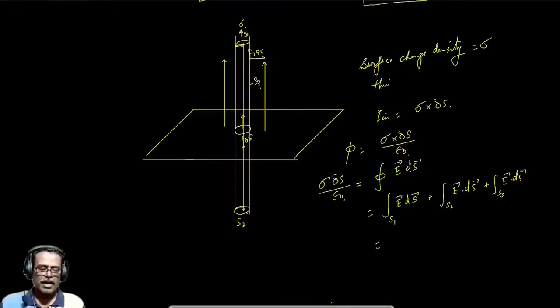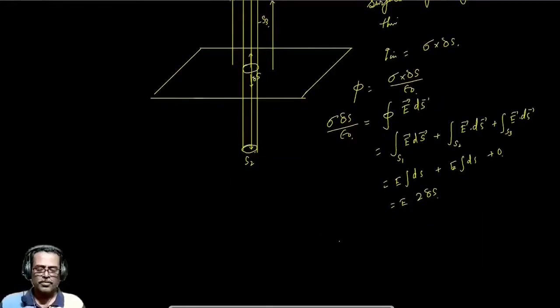The angle between area vector and field vector for S1 is 0 degrees, so it will be E into ds, and the same for S2, and this is 0 because S3 is perpendicular. It is equal to E into 2 into del S. Therefore, E is equal to sigma by 2 epsilon 0.